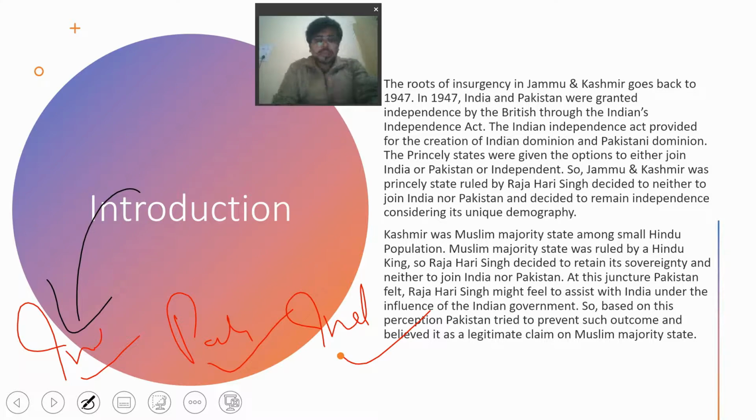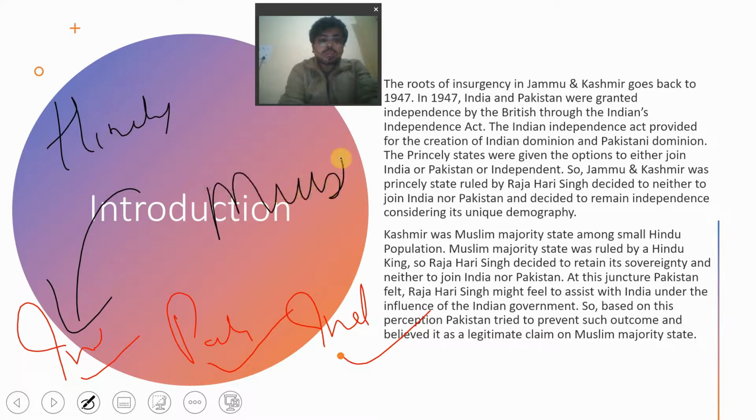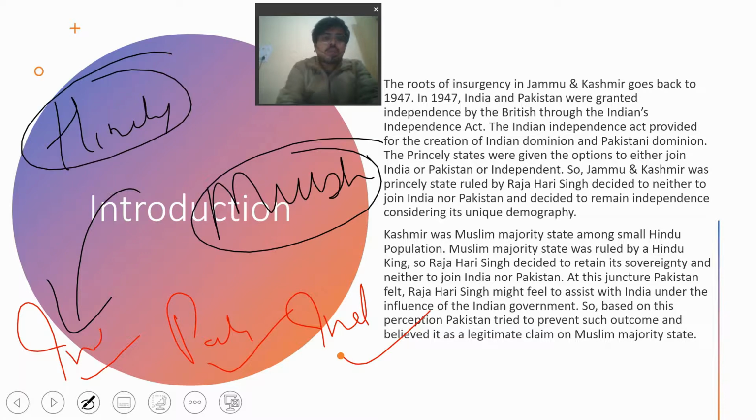Raja Hari Singh was a Hindu ruler while the majority of the population was Muslim. Pakistan felt that Jammu and Kashmir might in the coming days come under the influence of India and join India.